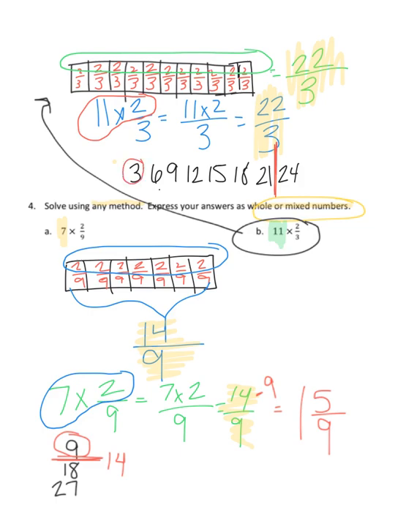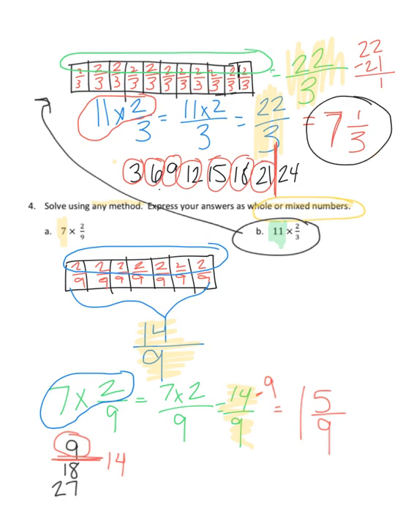I can pull out 1, 2 3's, 3 3's, 4 3's, 5 3's, 6 3's. I can pull out 7 whole groups of 3, and that's pulling out 21. So when I take 21 away from 22, I'm left with 1. So 7 1/3 is going to be that final answer for part B.